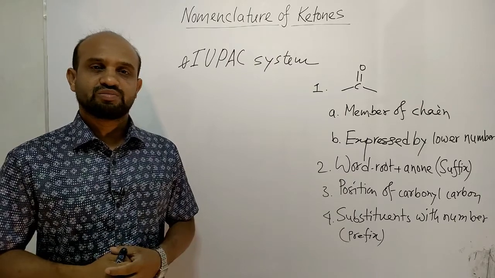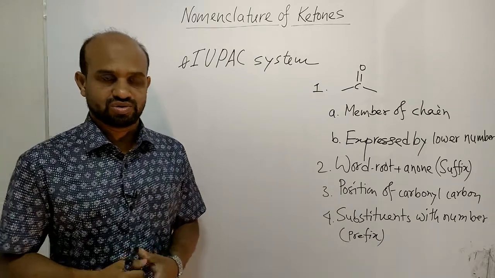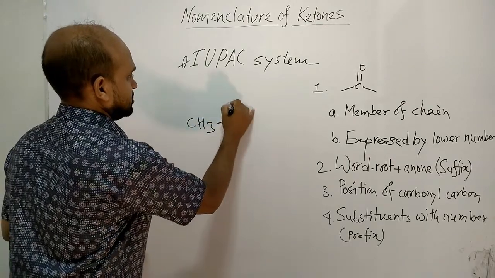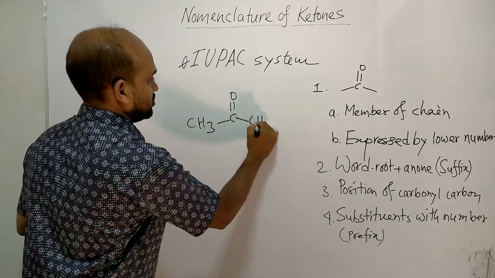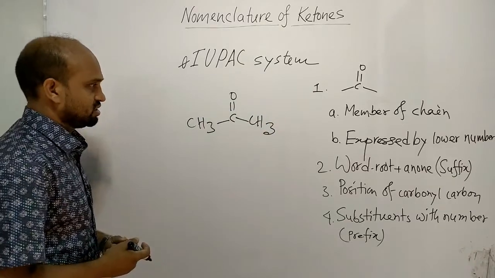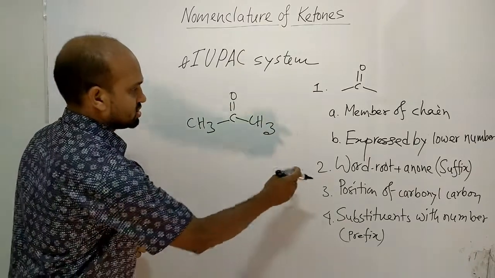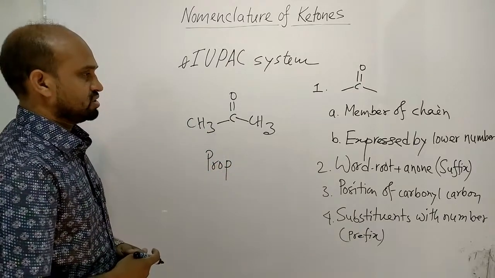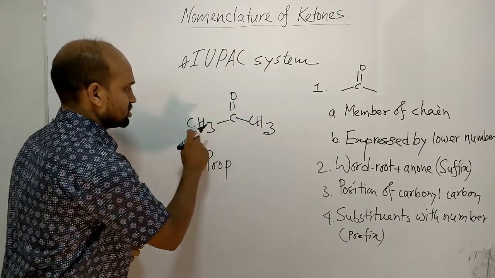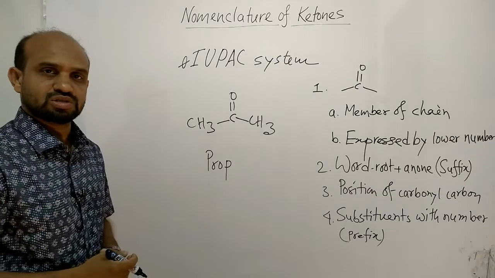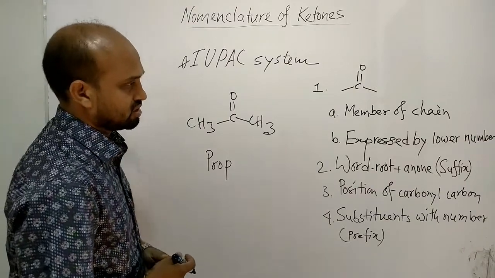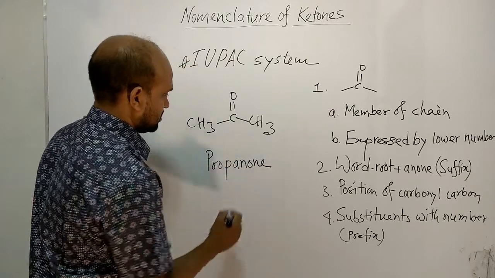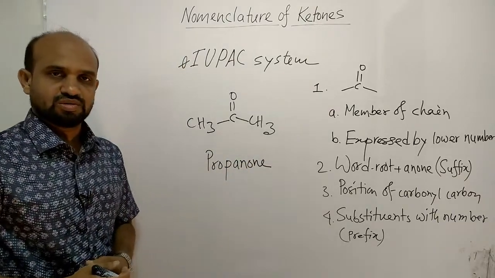Let's see the first member of ketones. CH3 CO CH3. Here the word root is prop, because there are 3 carbon atoms, 1, 2, 3. So here the word root is prop, and anone as suffix. Propanone.